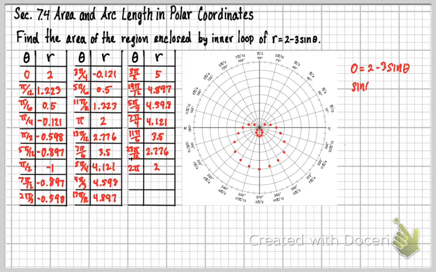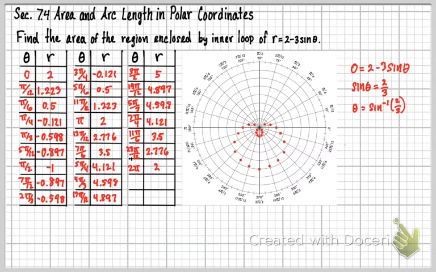So really, I have the sine of theta equals, because when I move the 2 over it's going to be negative, and then I divide by negative, so it's 2/3. So what I'm looking for is theta equaling sine inverse of 2/3. And that's going to put me in the first quadrant, which is perfect because that's where I hit 0 first.